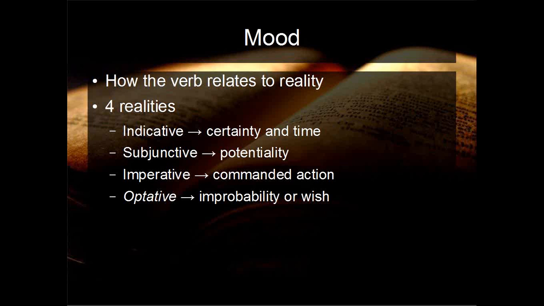Now, another thing that verbs do, and you don't have to write this down on your notes yet because we'll talk about them next week. Another thing that verbs do is that they can change their function, meaning that they don't have to be pure action verbs. They can become adjectives, and they also can become nouns. And so they're known as verbal adjectives and verbal nouns, or also known as participles and infinitives.